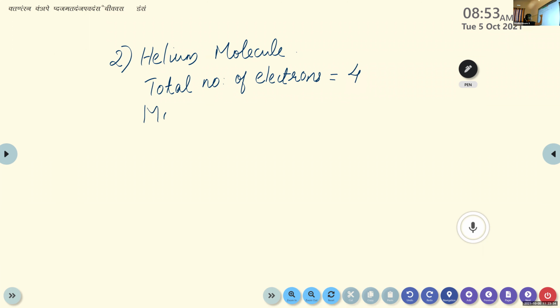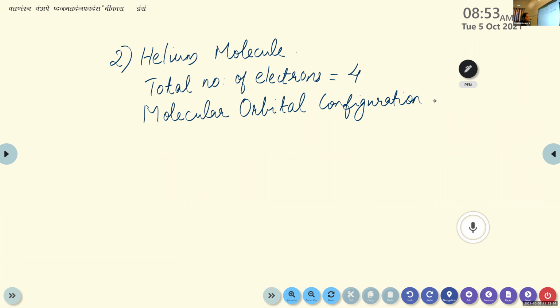Next one, molecular orbital configuration. Niranjan, can you tell me the configuration? Sigma 1s2, then after sigma, which one?